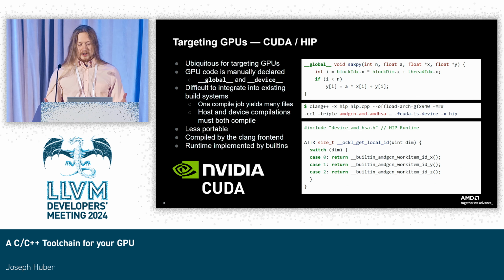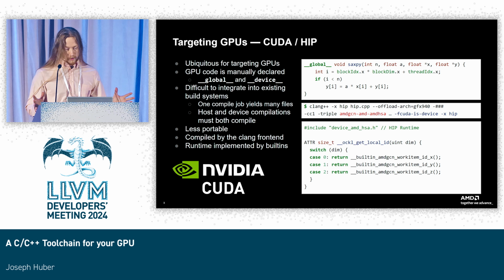But with that being said, let's take a look at how something like CUDA is implemented and maybe we'll learn something. We have this simple AXPY example that exists in every GPU-related slide deck as far as I can tell. You have this decorator on the function and some weird calls to these block index things, and you basically just have C++ code, right?